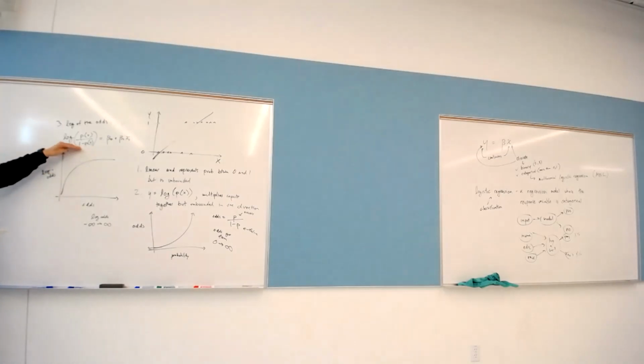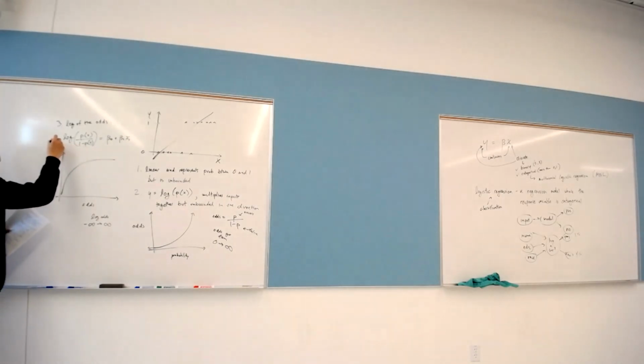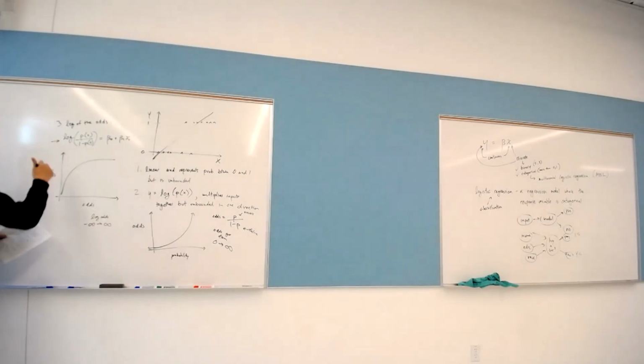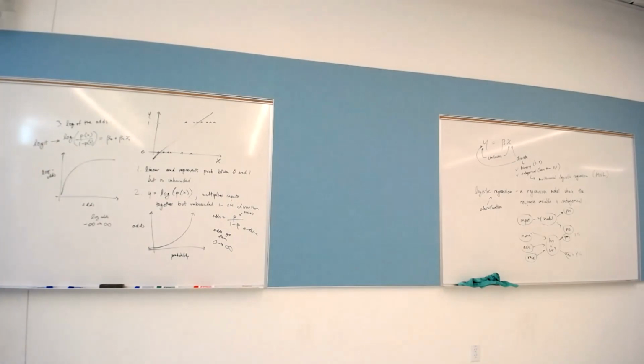But now my y's look funky, okay? And this right here, this is known as your logit, okay? And that's what you're ultimately going to do your logistic regression on.